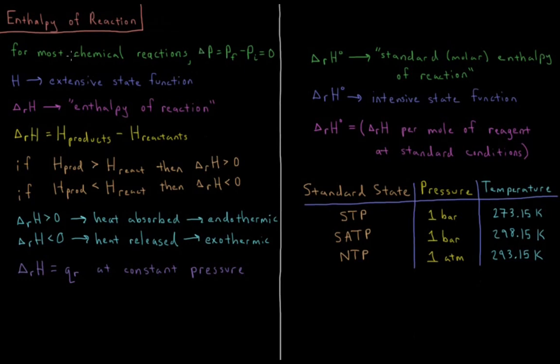process. So we've defined enthalpy in previous videos, which is an extensive state function. The enthalpy is the internal energy plus pressure times volume. We now define the enthalpy of reaction, delta_r H, as we would say there. Delta being change, R for reaction, and H being enthalpy. So we have the enthalpy of reaction, which we're defining.